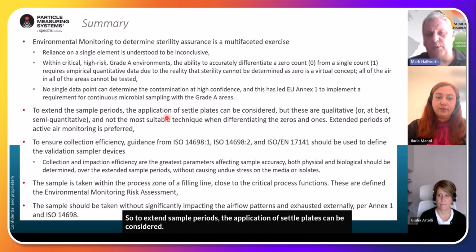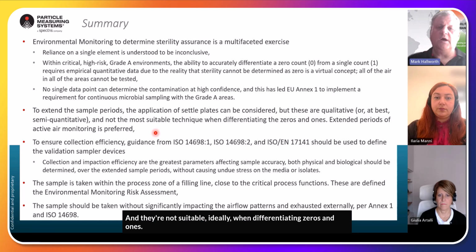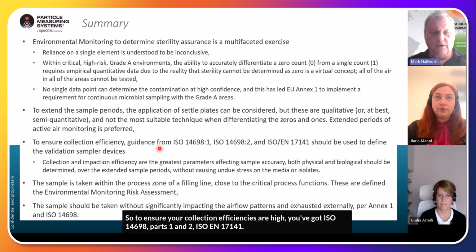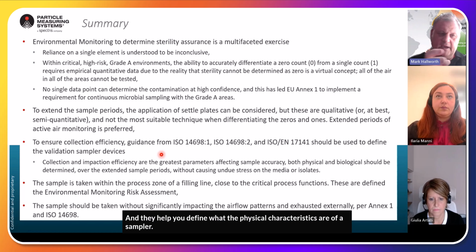So to extend sample periods, the application of settle plates can be considered, but they're qualitative or at best semi-quantitative, and they're not suitable ideally when differentiating zeros and ones. So to ensure your collection efficiencies are high, you've got ISO 14698 parts 1 and 2, and ISO EN 17141, and they help you define what the physical characteristics of a sampler are.